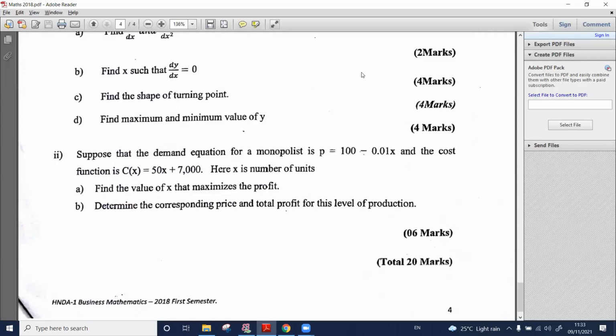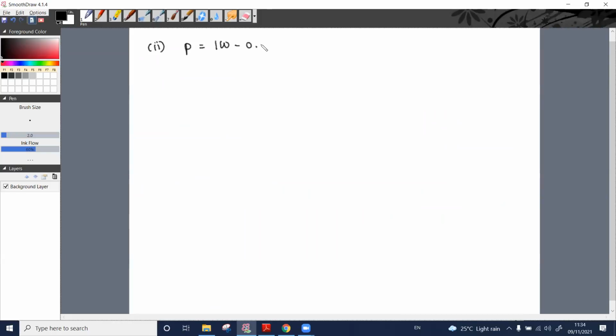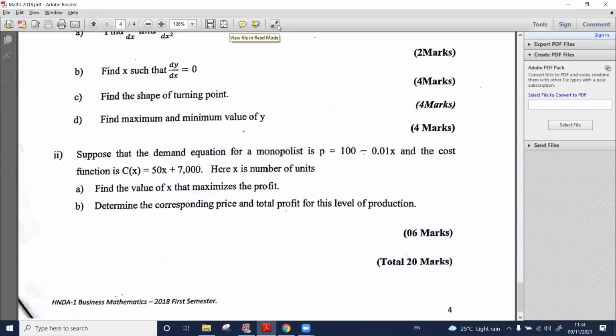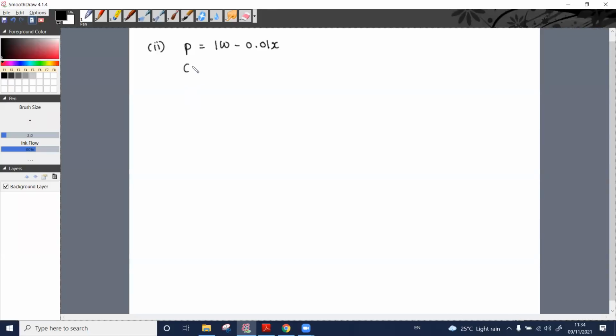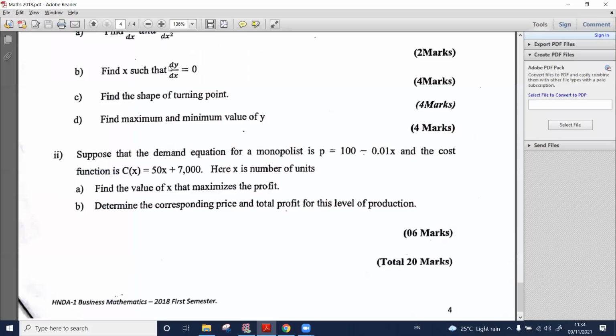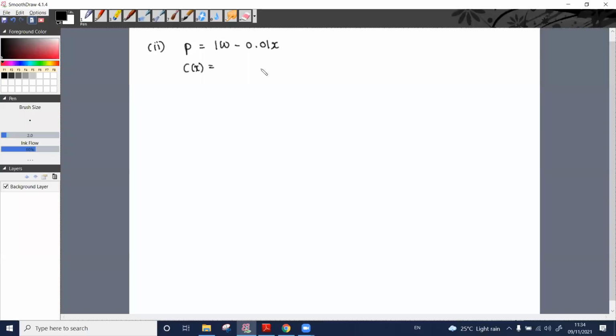The cost function is given as 50x plus 7,000.